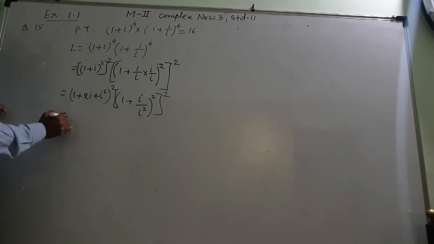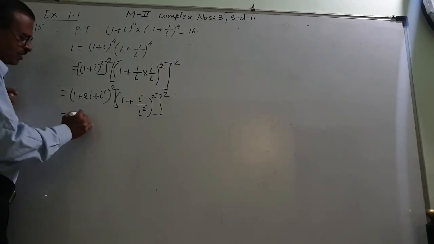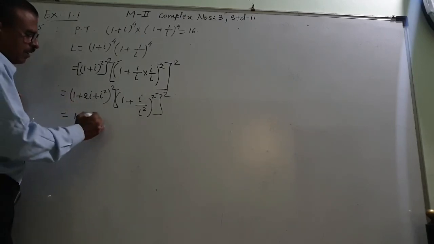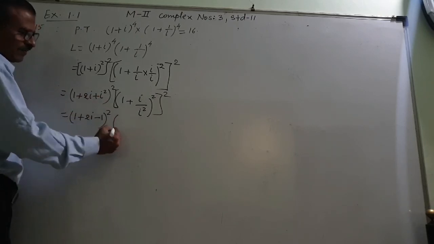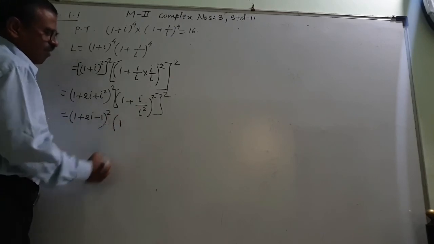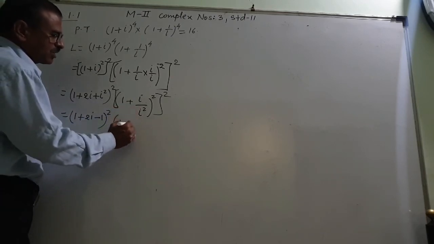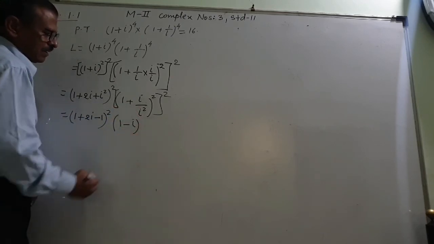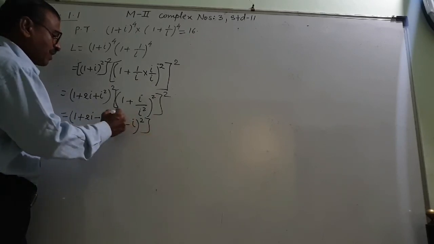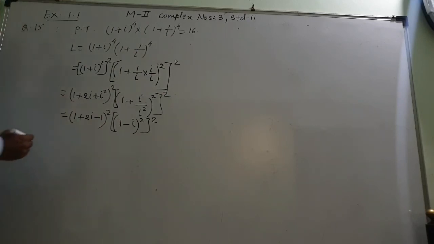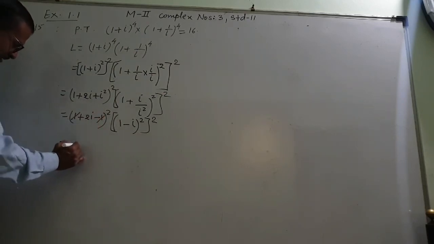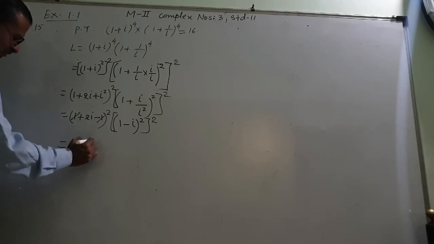So that is equal to (1 plus 2i, this will be minus 1) bracket square. This will be 1. This is minus 1, so this will become minus i bracket square and its square. Now the same term, it has become a simple term. So that is equal to this cut, and this becomes (2i) bracket square.